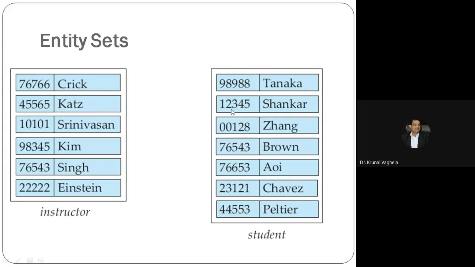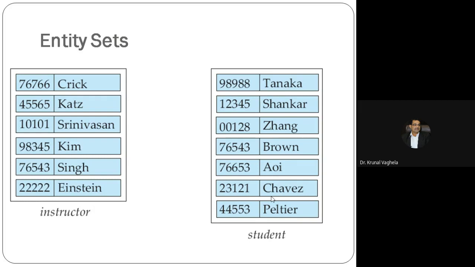For example, Crick is advisor of Tanaka, Srinivasan is advisor of Zheng and Brown, Kim is advisor of Oi, Singh is advisor of Peltier, and Einstein is advisor of Chavez. So all the instructors and students are sharing the same advisor relationship. So that is the set of relationships. So it is a relationship set.